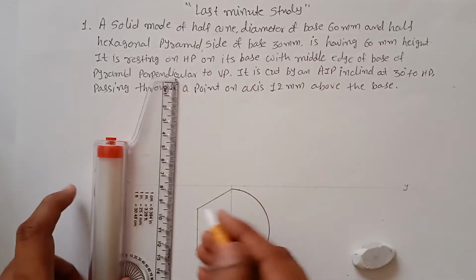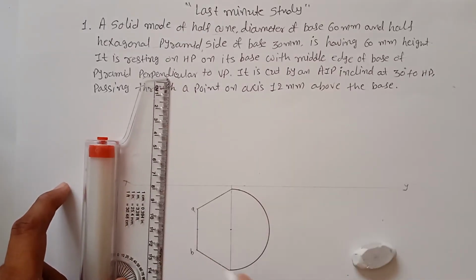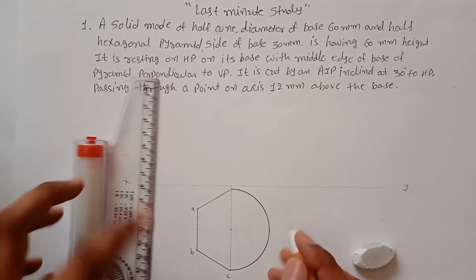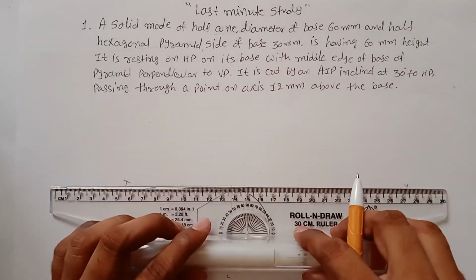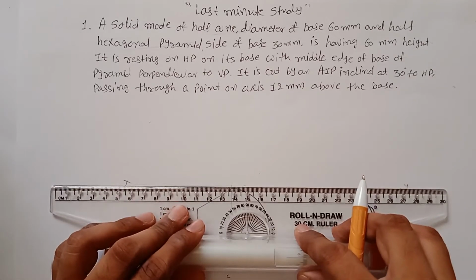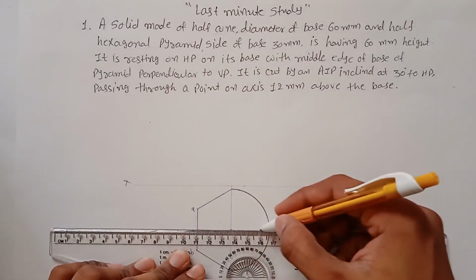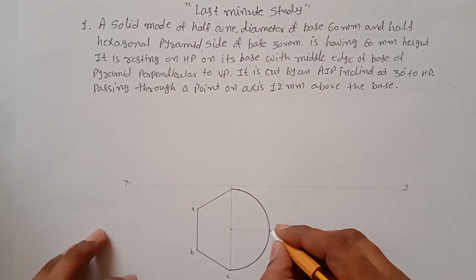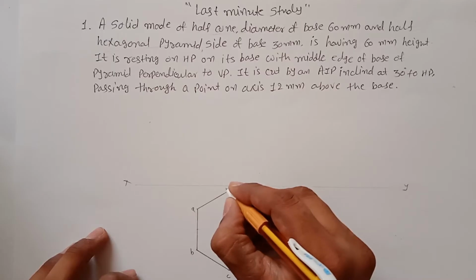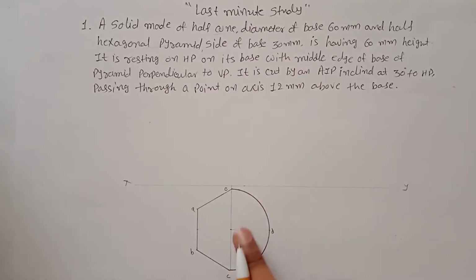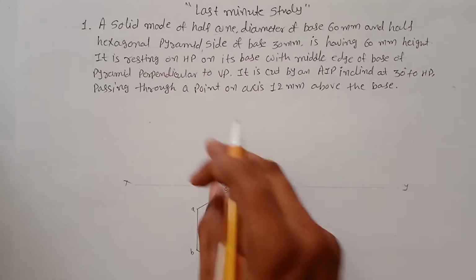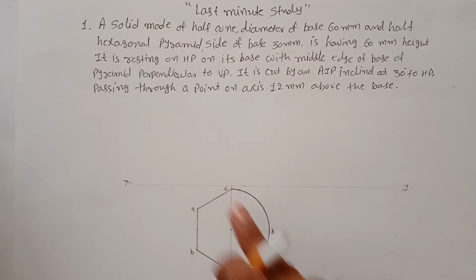Now just give names to them, A, B, C, and then we have to find out points D and E. Most of the time we have to divide this into some number of parts, but right now we are not going to divide it, because only one true shape will be there.